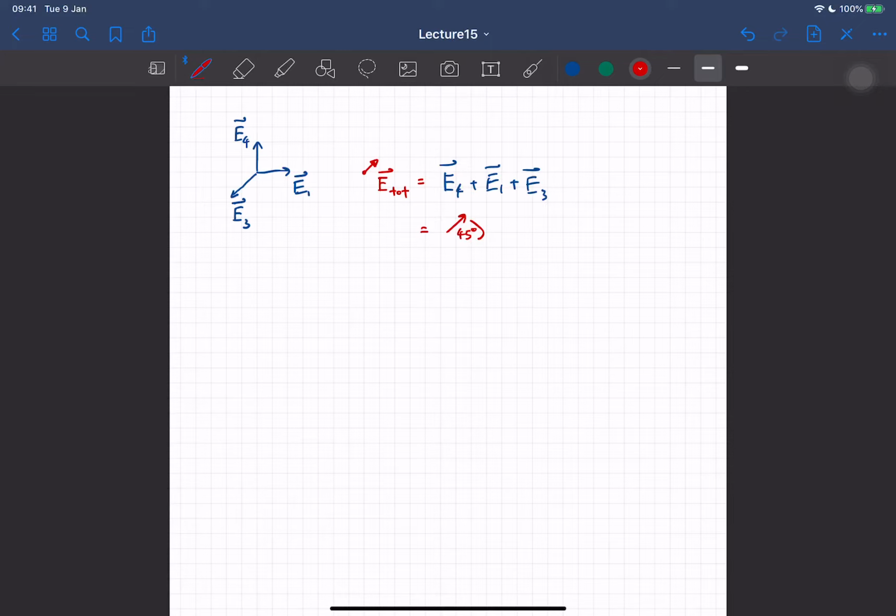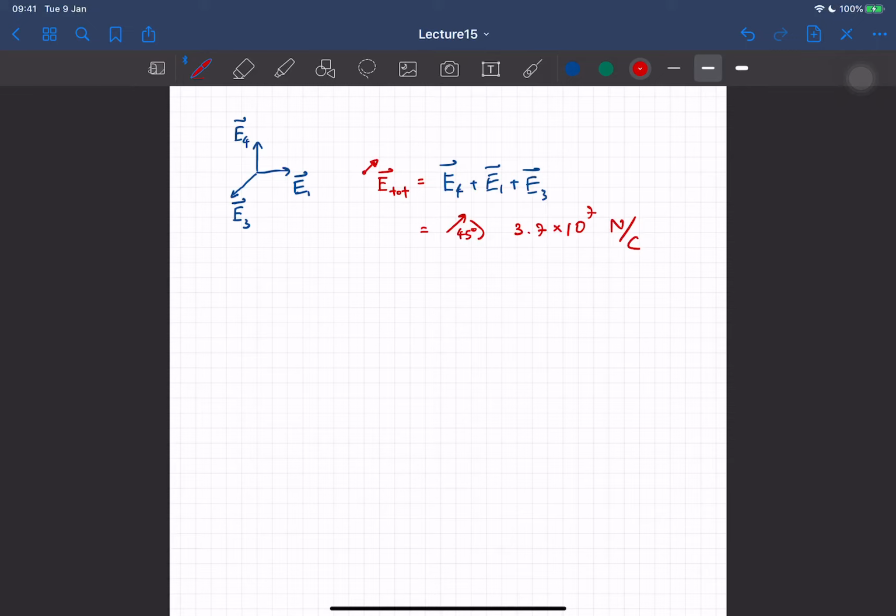And the result is 3.7 times 10 to the 7 Newton per Coulomb. So it's pointing in the northeast direction with the magnitude of 3.7 times 10 to the 7 Newton per Coulomb. So this is the electric field at the location of Q2.